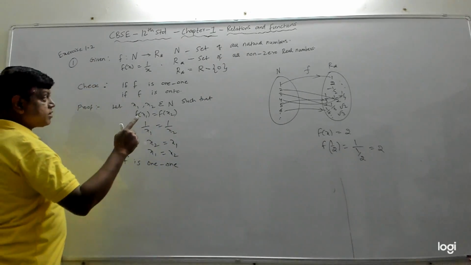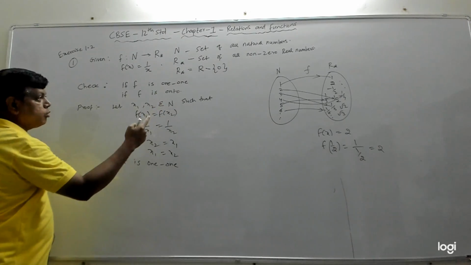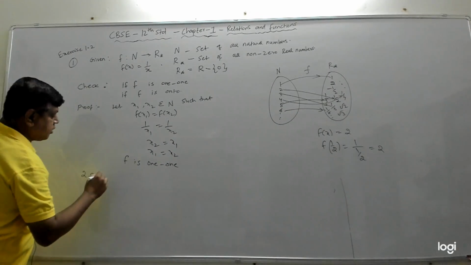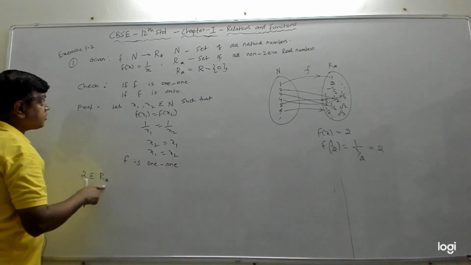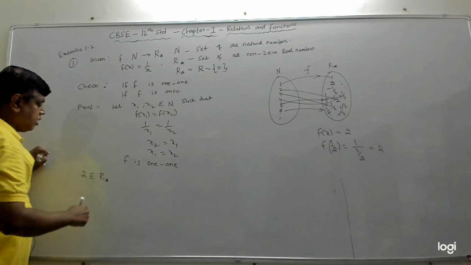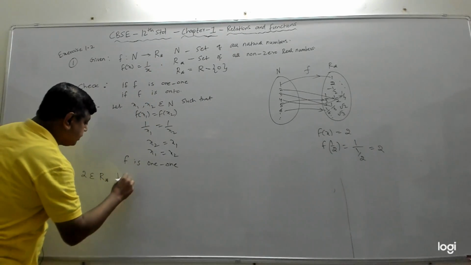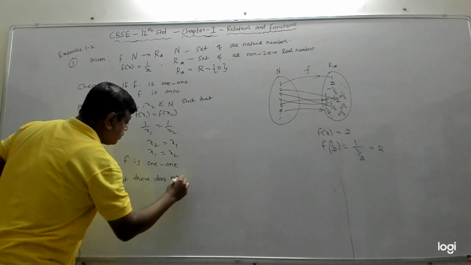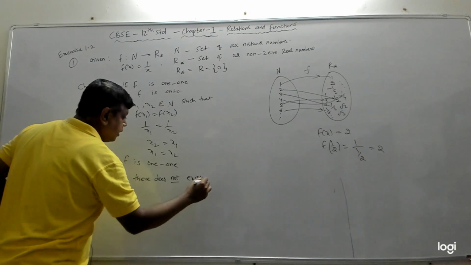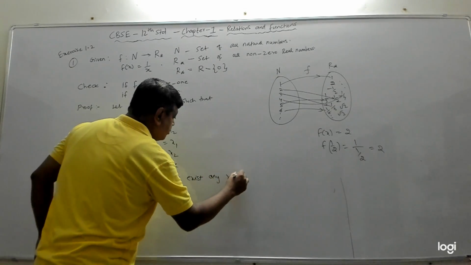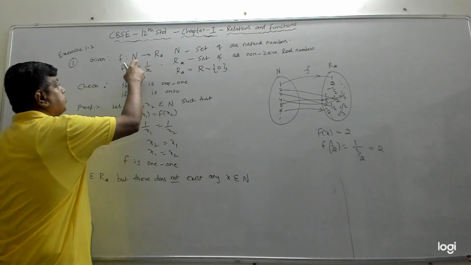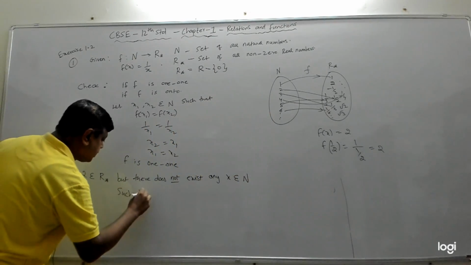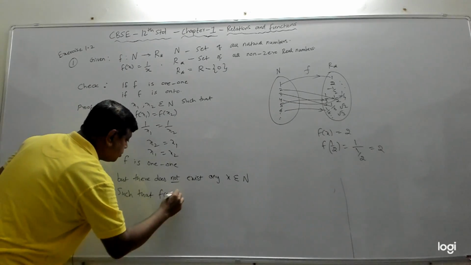So to show f is not onto, we'll take one element. We'll say 2 belongs to R star. Here R star means it is understood that the domain is R star, but there does not exist any x belonging to n, which means in this set, such that my f of x should be equal to 2.